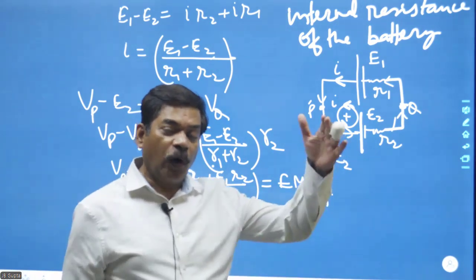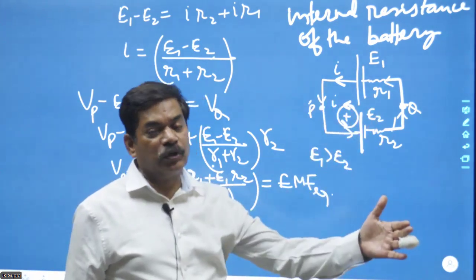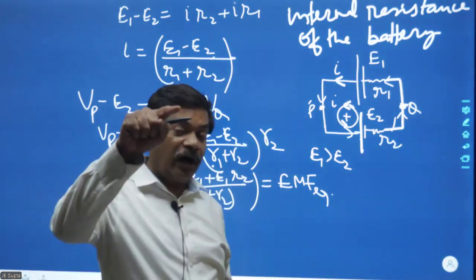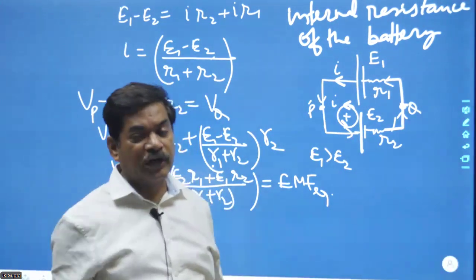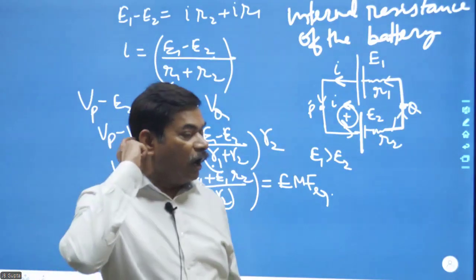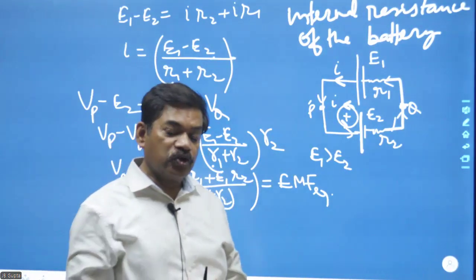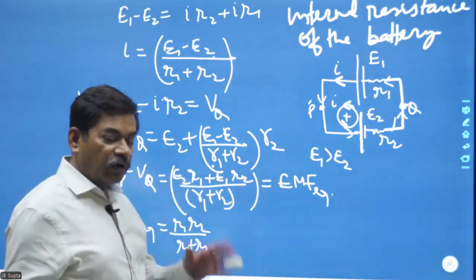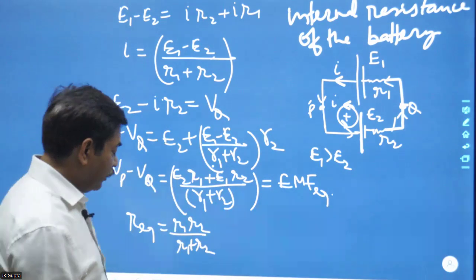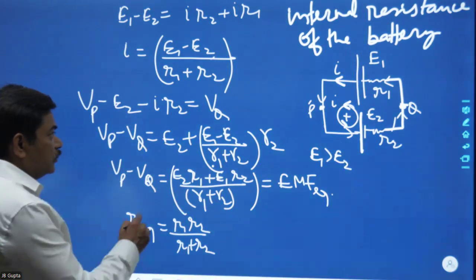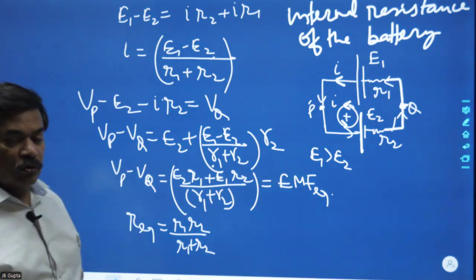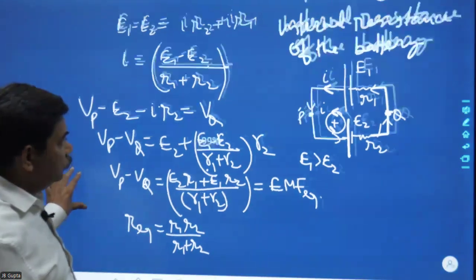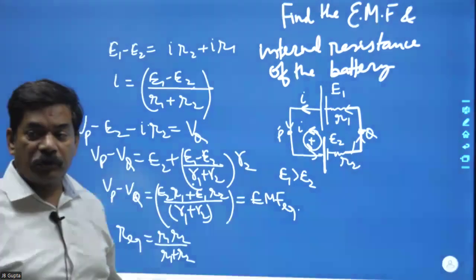Because you're connecting one terminal together, that means you're connecting one end of the resistances together, and you're connecting the other terminals together, that means you're connecting the other ends of R2 and R1 together. So in such cases, they're always in parallel. It does not depend upon the polarity of the battery. Because they are in parallel, there's an equivalent resistance. Hope you understood this concept. So this is the solution.